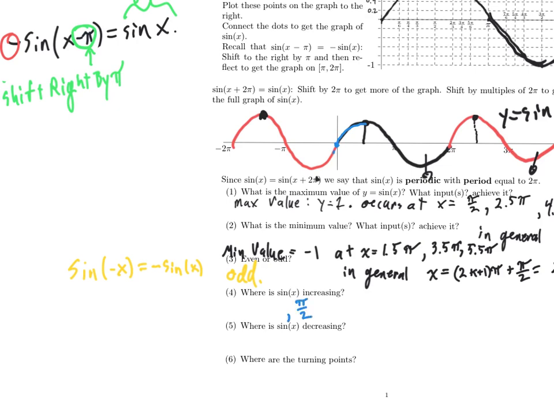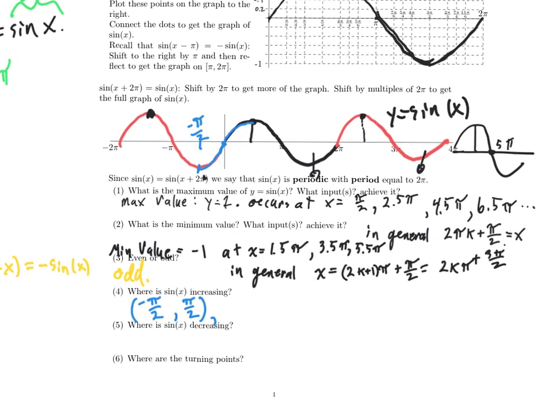And let's go back and see how far we can go. It looks like back here it stops increasing. And right, that's halfway between 0 and negative pi. So that's negative pi over 2. So it's increasing from negative pi over 2 to pi over 2. It is also increasing from here to there.